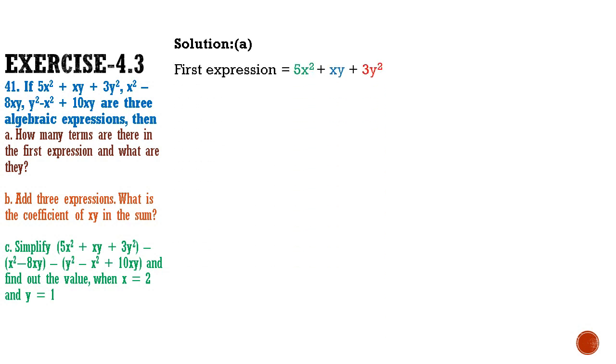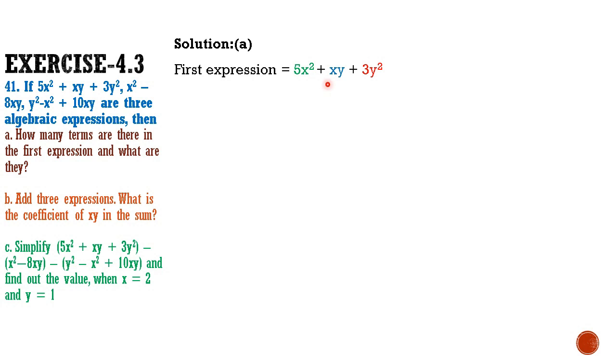Solution number A. First expression is 5x square plus xy plus 3y square, and we have to find out how many terms are there in the first expression and what are they. My dear students, you already know the terms are related with addition or subtraction sign.